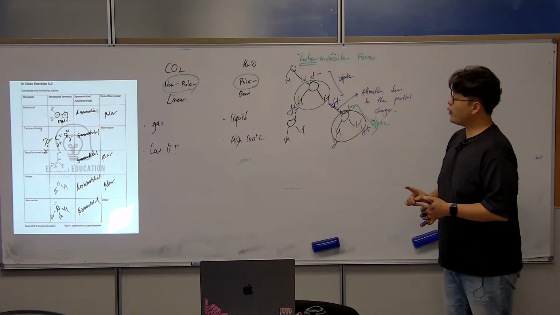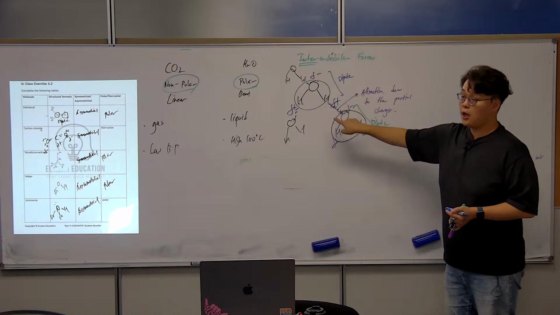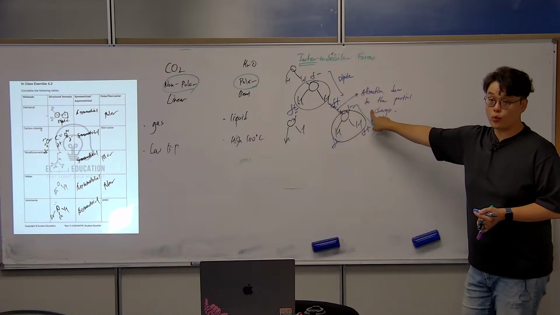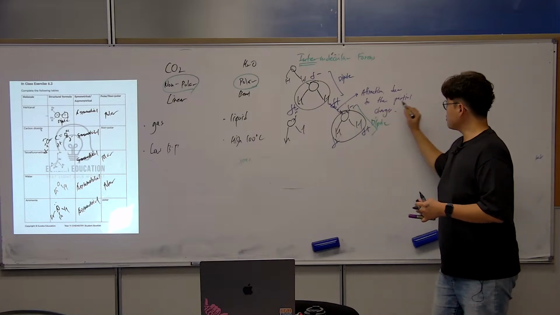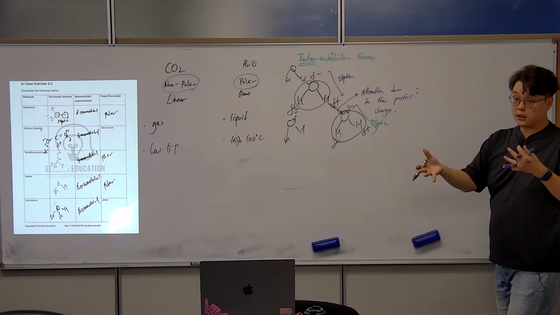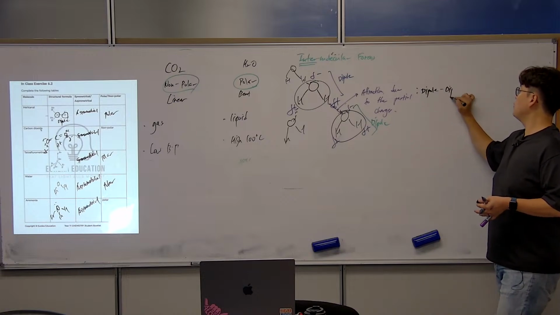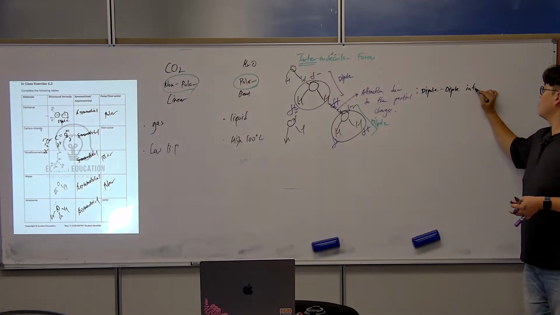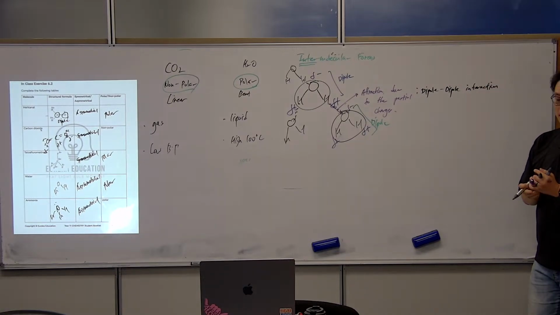We have one dipole from oxygen to hydrogen, and another dipole from another water molecule. Because it's the interaction between one dipole and another dipole, it's known as dipole-dipole interaction. Does it make sense?